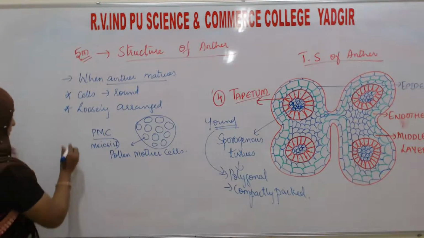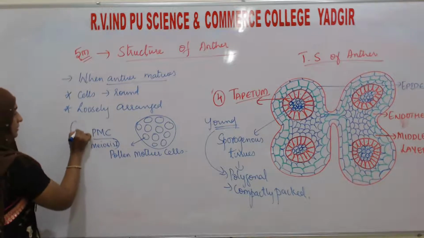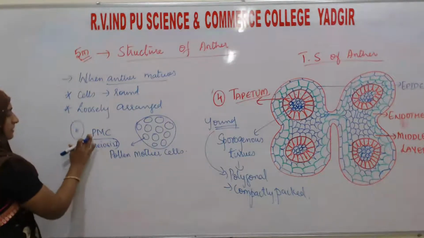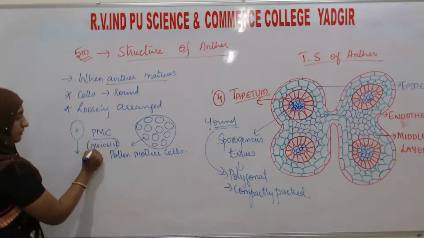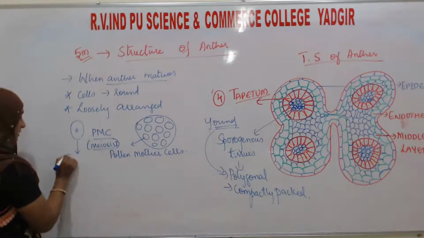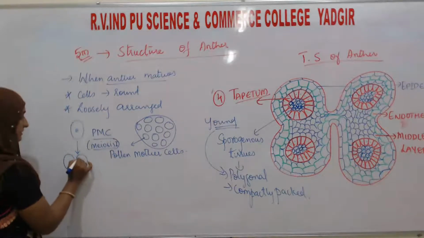This is a pollen mother cell with a nucleus. It will undergo meiosis 1 and give rise to two cells.